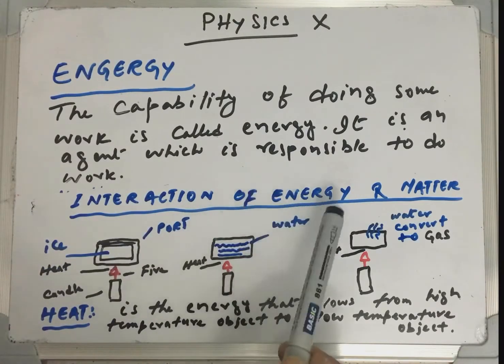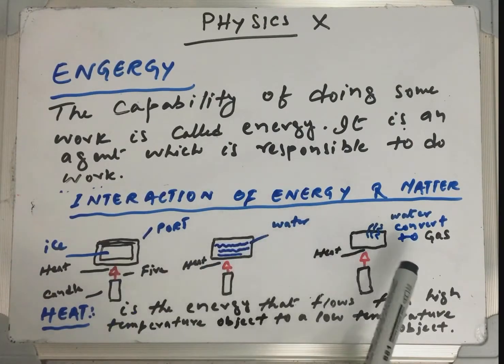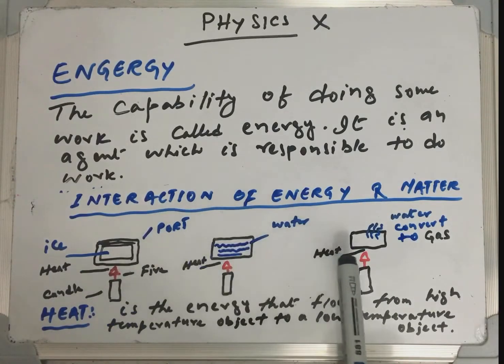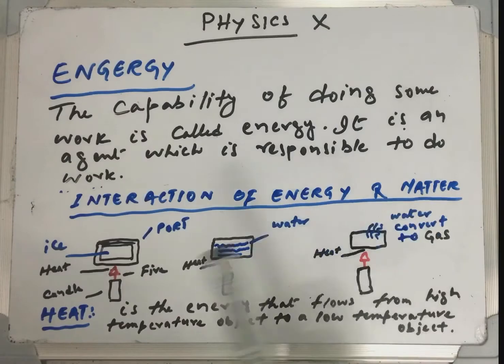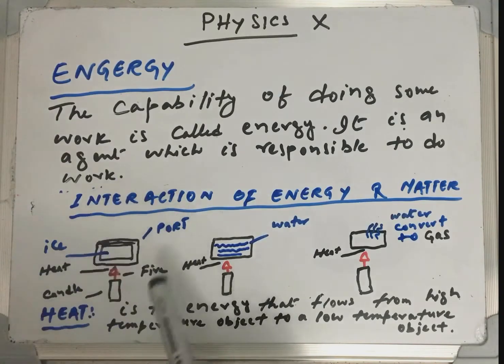So what is that? We know ice is matter in the solid form. Water is also matter in the liquid form, and gas is also a form of matter. To ice in the pot, in the solid form, we provide energy in the form of heat. This ice melts and converts into water.